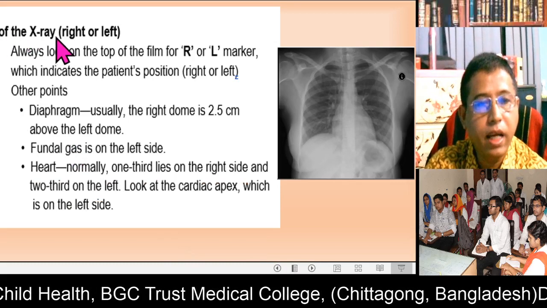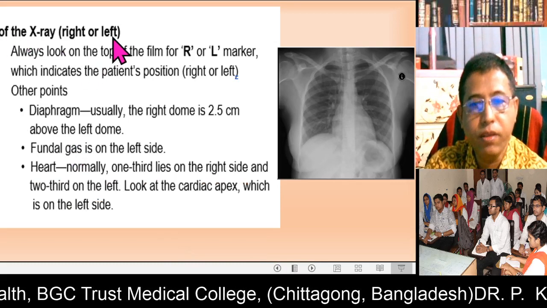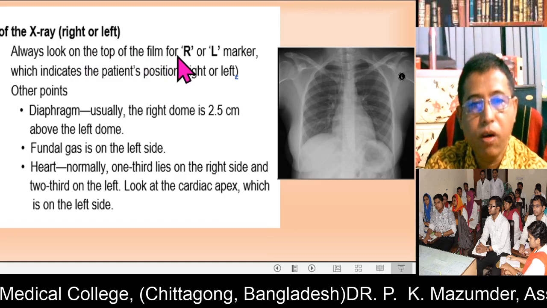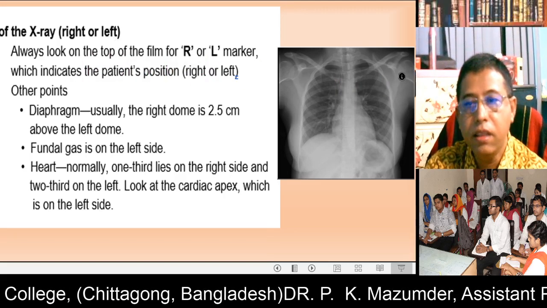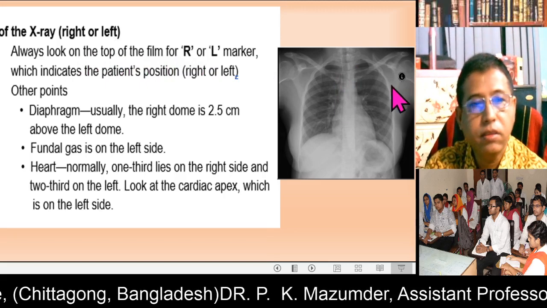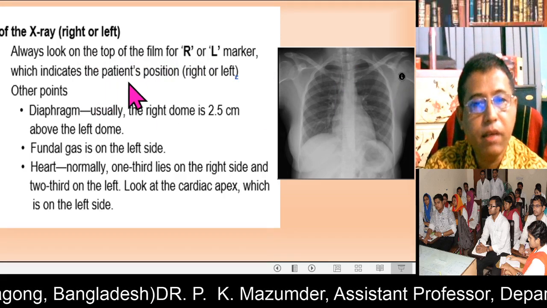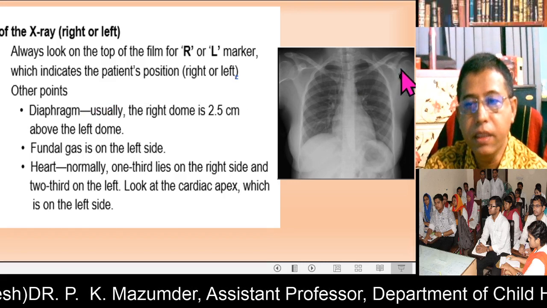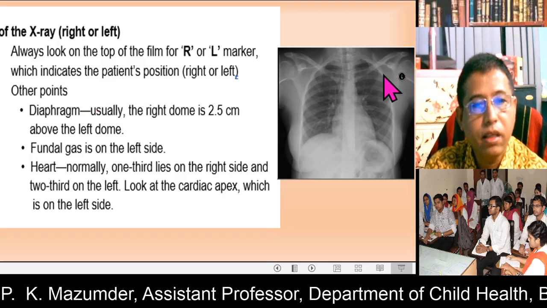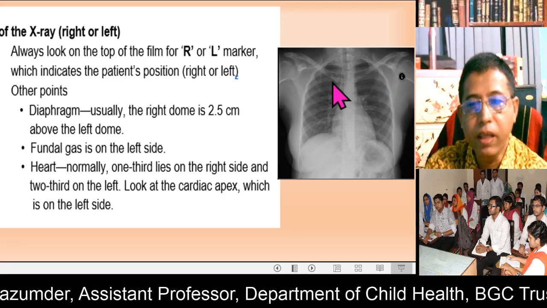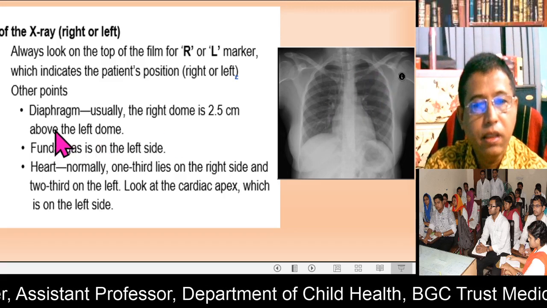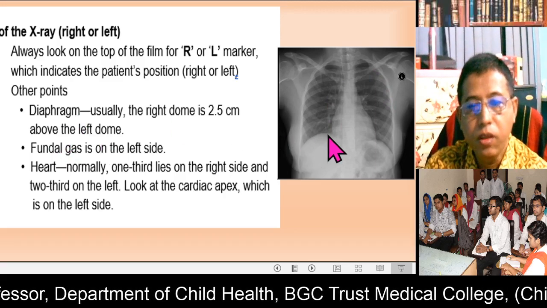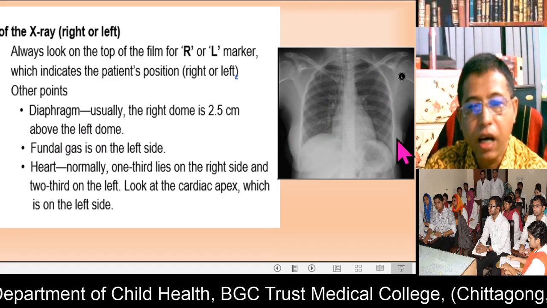Now side of the X-ray, right or left. Always look on the top of the film for the right or left marker. This is the left marker which indicates the patient's side. If this radiological marker is not given, you should determine the side of the chest by the diaphragm. Usually the right dome of the diaphragm is 2.5 cm higher than the left dome.